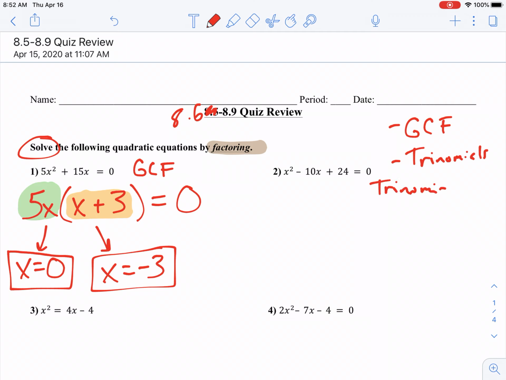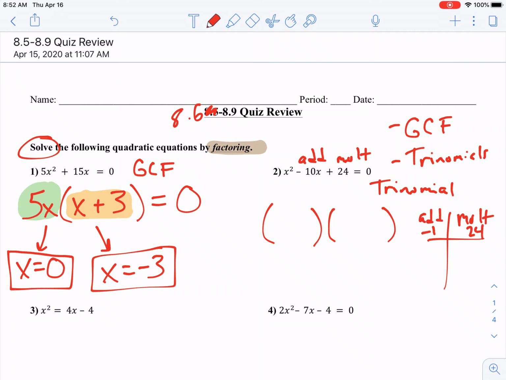And if you remember how to do trinomials, you need to add up to the middle and multiply to the end number there. So what two numbers add up to negative 10 and multiply to 24? That would be negative 6 and negative 4.